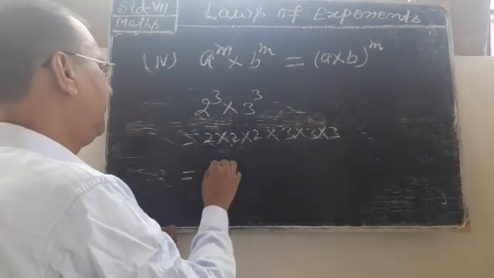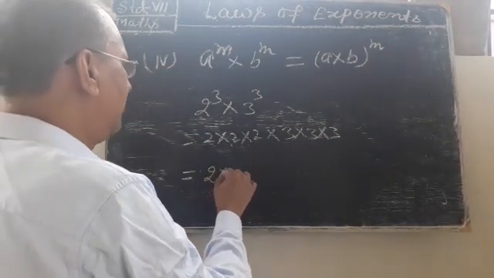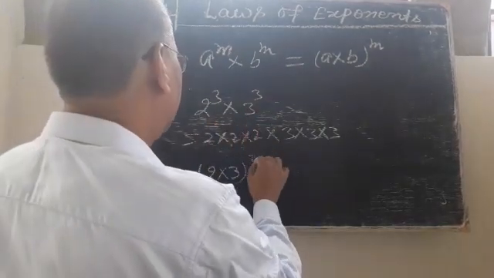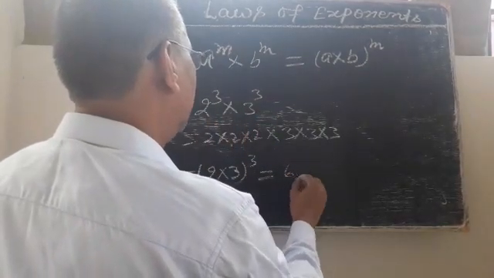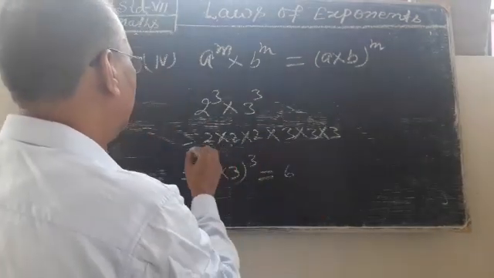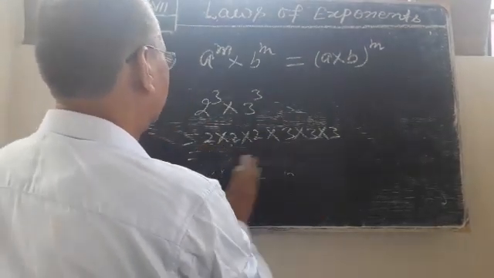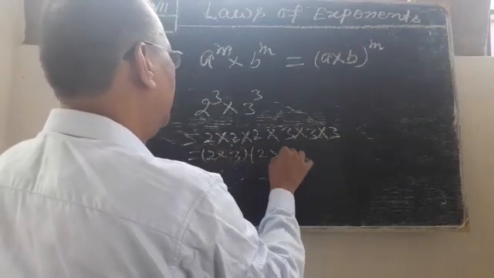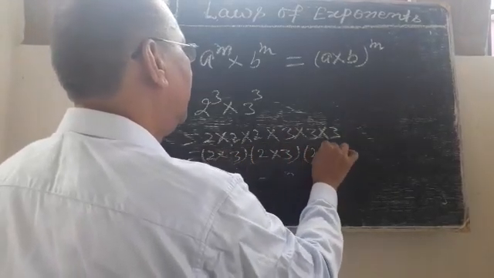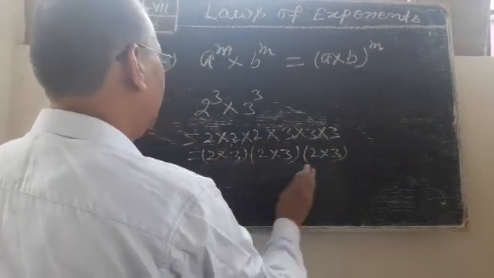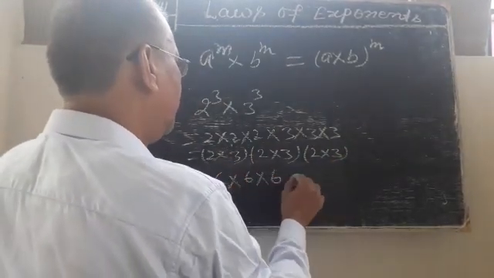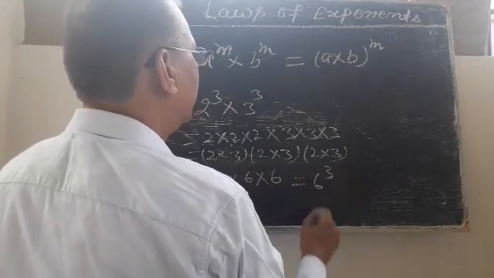But if 2 into 3 whole power 3, you may see this one, here it will be equal to 2 into 3, here 2 into 3, here 2 into 3. This is 6 into 6 into 6, which is equal to 6 power 3.